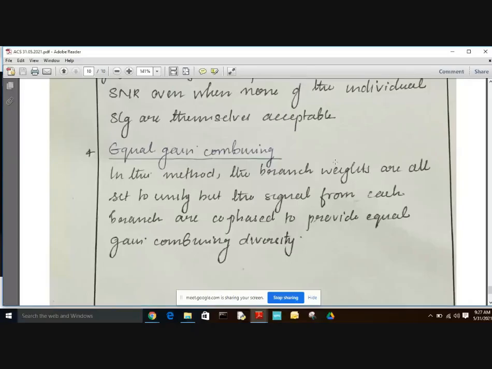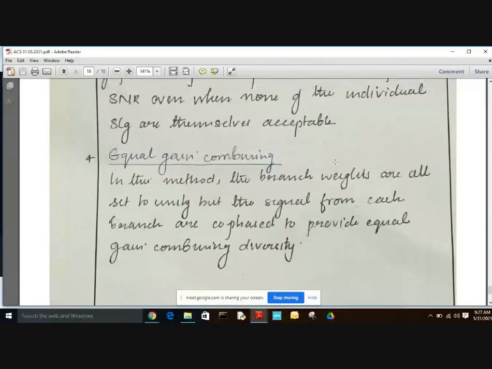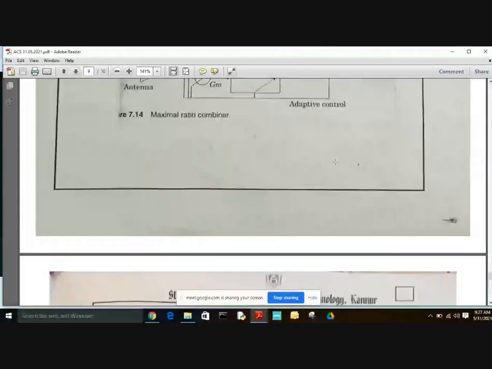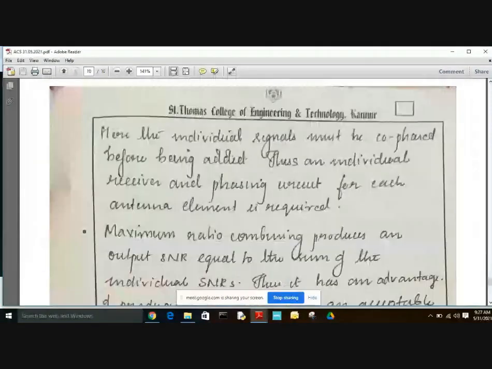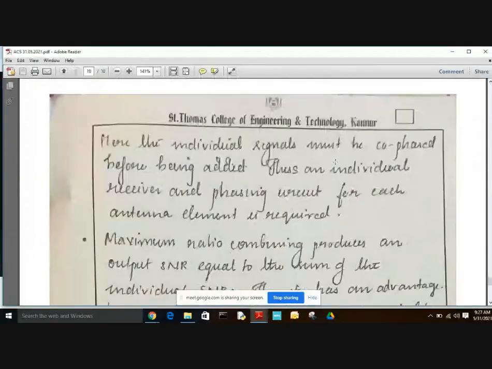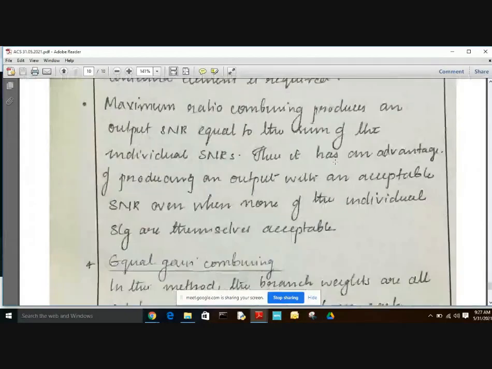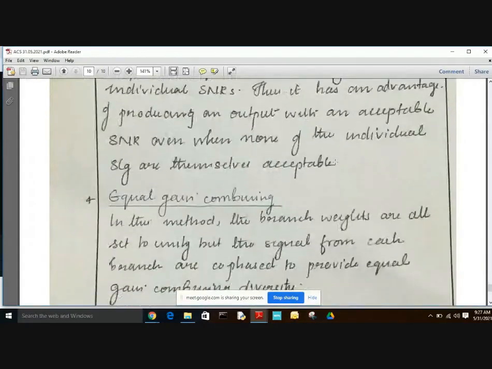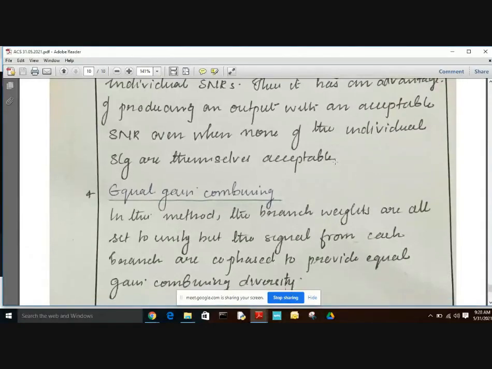In maximum ratio combining, all the branches are given weights depending upon the signal to noise power ratio. Here we are applying the weight. But in equal gain combining, the branch weight is set to unity, and the signals from each branch are co-phased to provide equal gain combining diversity.